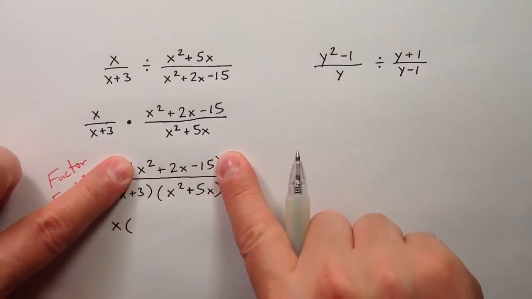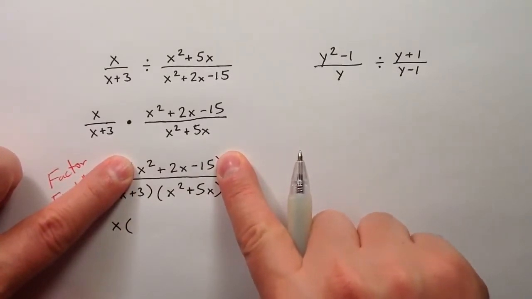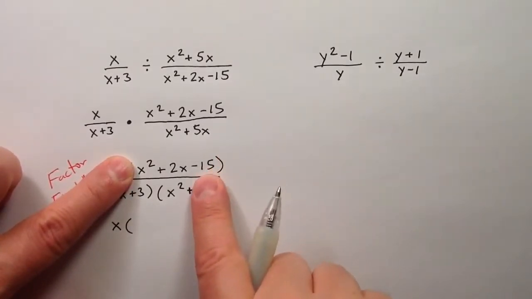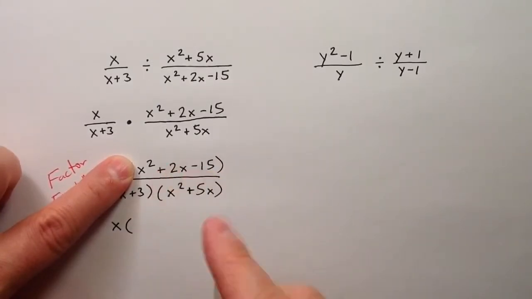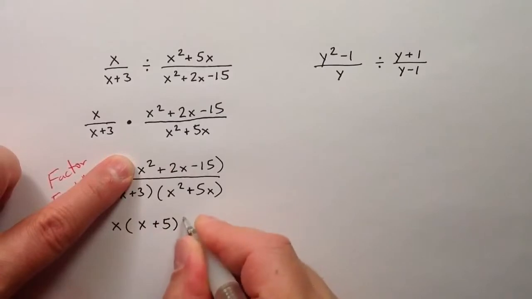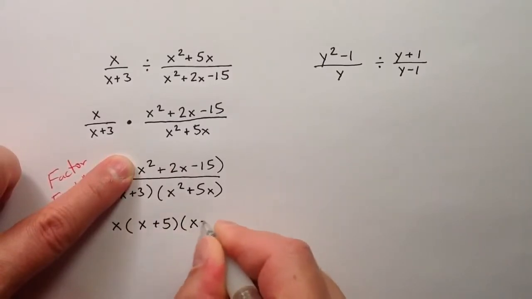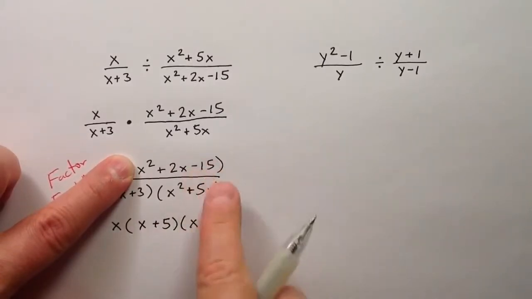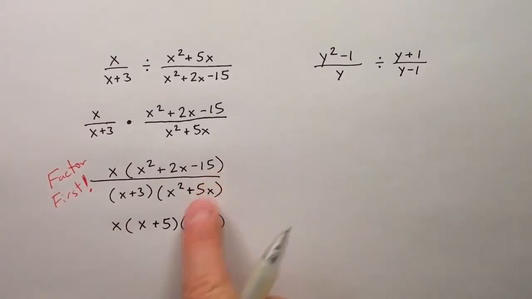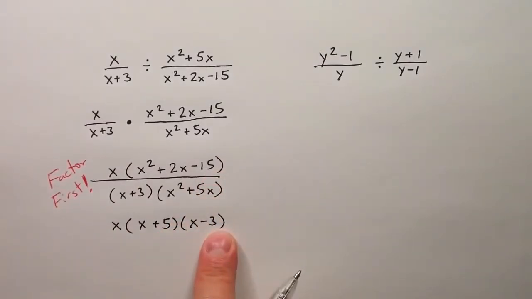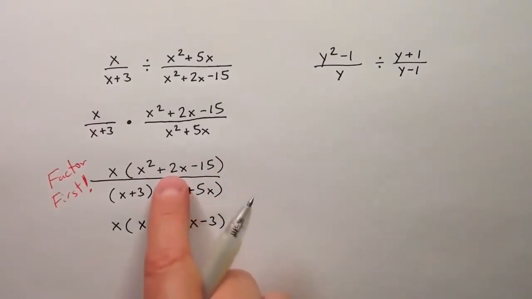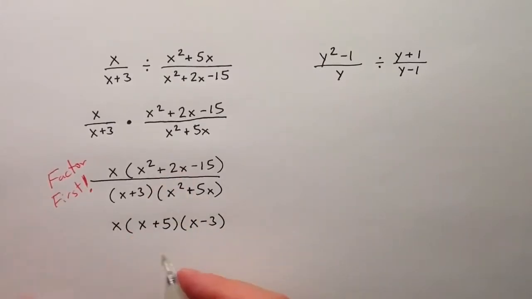But here, x squared plus 2x minus 15, I want to look for a pair of numbers that multiply to equal negative 15 and add to equal 2. x plus 5, because I want the 2 to be positive, and x minus 3 are going to work. 15 is 3 times 5. 5 and 3 are 2 numbers apart, and I want a positive 2 in the middle.